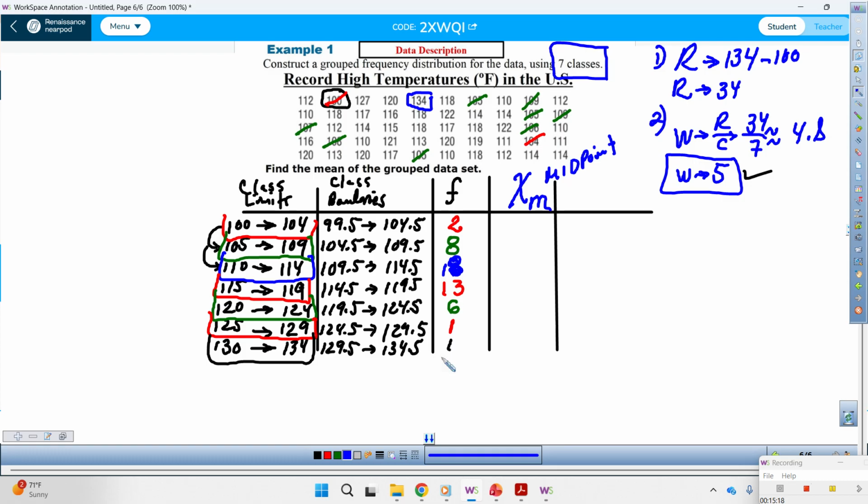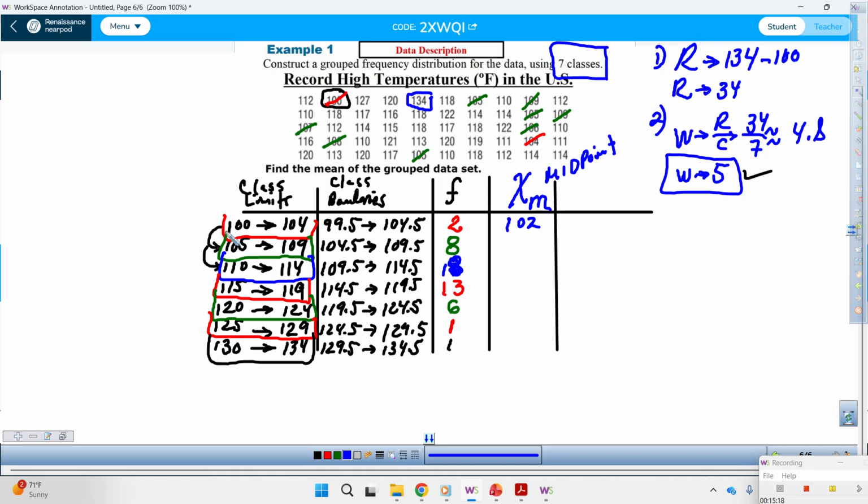What's our first midpoint? 102. Hands if you got 102. That is correct. So how do we find that?